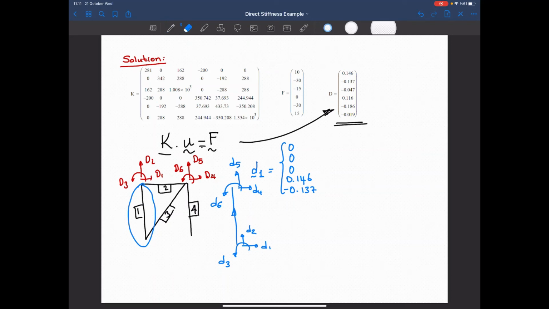Let me erase this part. Okay. And what about the rotation? I'm looking at D6, which is equal to D3 in the structure, and that's equal to minus 0.047. Okay, so these are the end displacements in global directions.